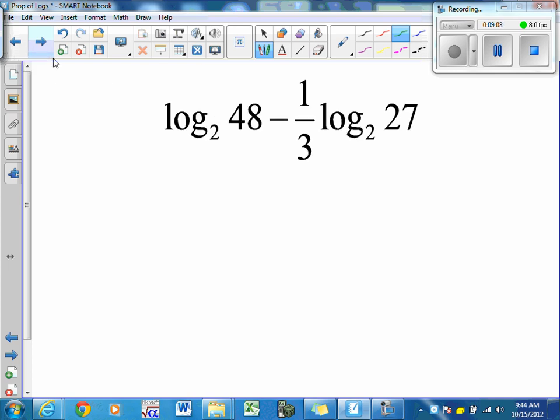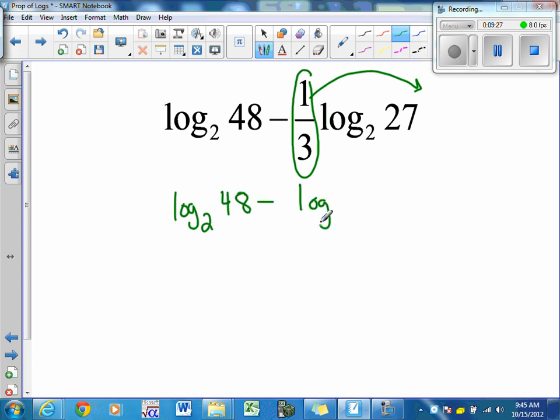Try another one. Log base 2 of 48 minus 1/3 log base 2 of 27. But before I can deal with this subtraction, I have to move this 1/3 up as an exponent. So log base 2 of 48 minus log base 2 of 27 to the 1/3.